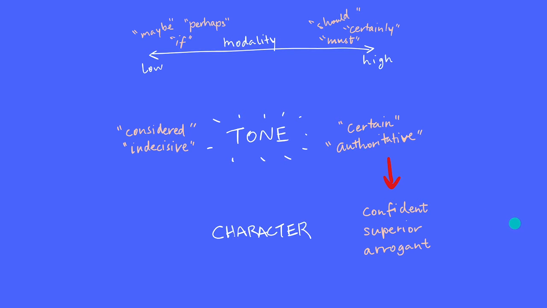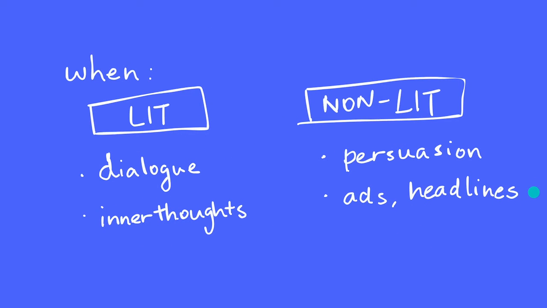And on the opposite end of the spectrum, a considered or indecisive tone makes them feel more conflicted, inferior, and indecisive. So this is a really simple way to analyze modality. We connect it to the tone, and then once we've connected it to the tone, we say that tone builds certain character traits. It characterizes the person speaking in a certain way based on the level of certainty of the language.